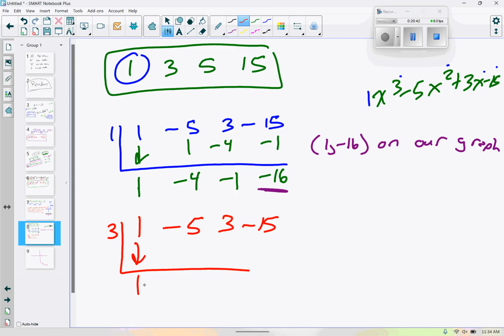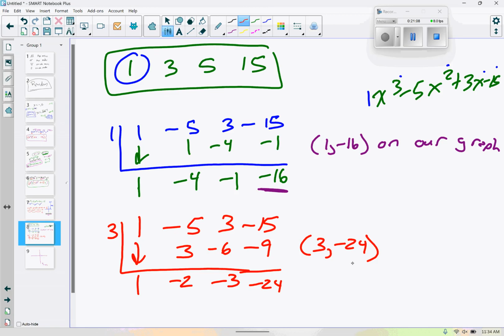Lead coefficient comes straight down. 1 times 3 is 3. Negative 5 plus 3 is negative 2. Negative 2 times 3 is negative 6. 3 minus 6 is negative 3. Negative 3 times 3 is negative 9. So this gives me negative 24, which means the point 3 comma negative 24 is on our graph.